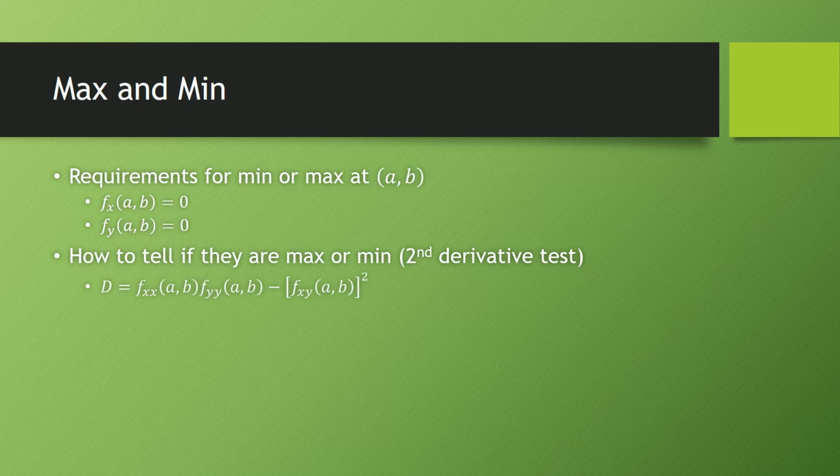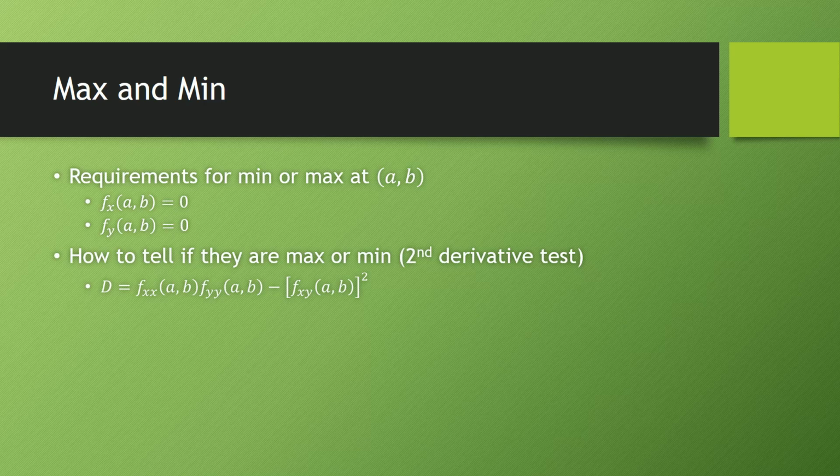You have to end up using this formula: your second partial with respect to x times your second partial with respect to y minus your mixed partial squared. Now, this is of course assuming that fxy and fyx are the same thing, because this only really works for continuous functions.